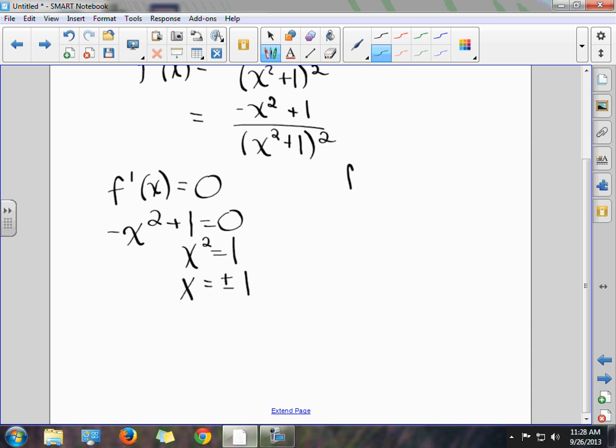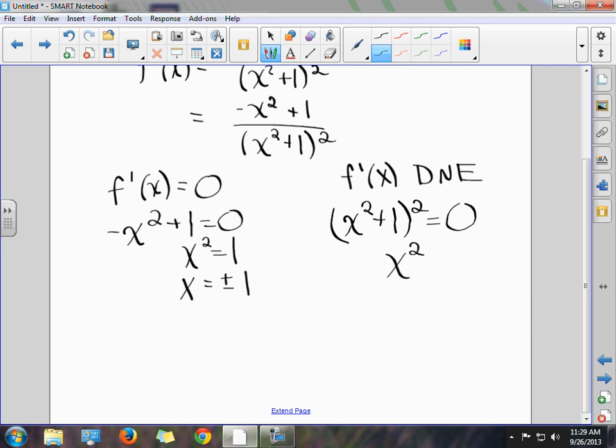Now we want to know where f prime of x does not exist. This is going to be where x squared plus 1 all squared is equal to 0. If you do the math, you end up with x squared is equal to negative 1. So you will know there are no points where f prime of x doesn't exist.